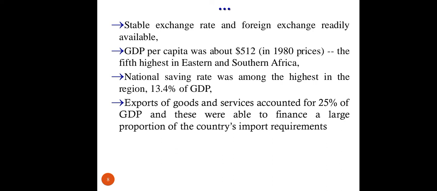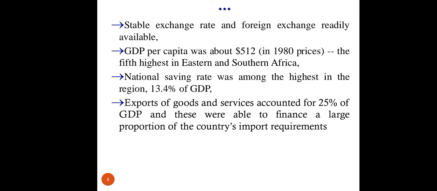GDP per capita was about $512 in 1980 prices, the fifth highest in Eastern and Southern Africa. So in the post-independence period, Uganda had the fifth highest GDP per capita in Eastern and Southern Africa.